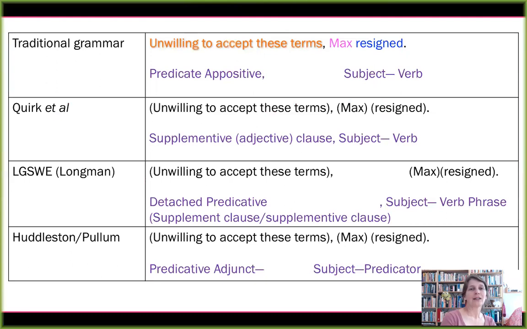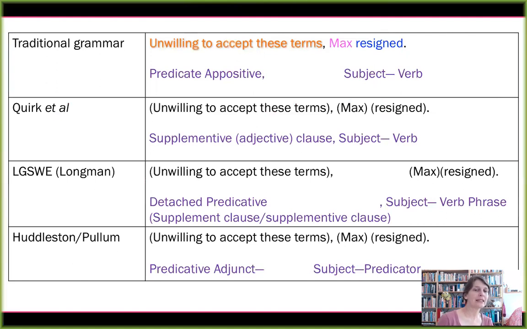So predicate appositives are, according to Curme and traditional grammar, basically non-finite and or verbless predicates that have been placed alongside of the finite predicate. And most of those, or many of those, are movable, and often they occur in initial position, but they can also occur in medial and final position. And again, I'm going to make videos about cases where they are movable and where they are non-movable. Quirk calls this particular predicate appositive a supplementive adjective clause.